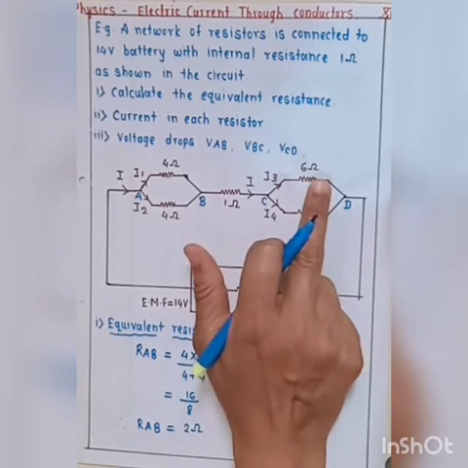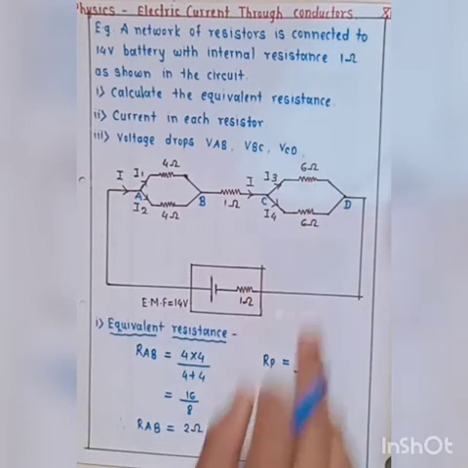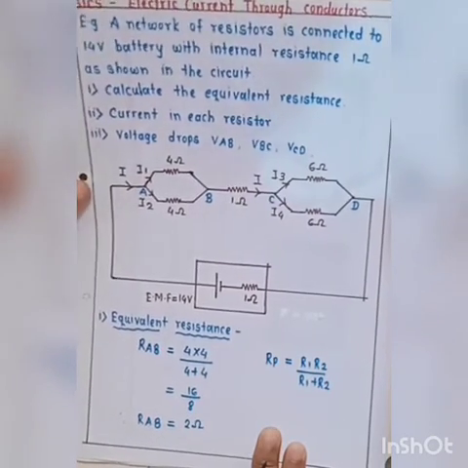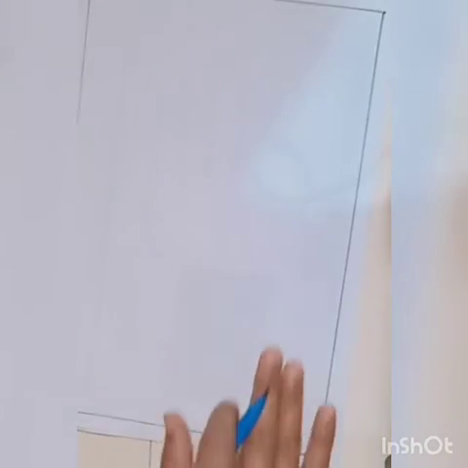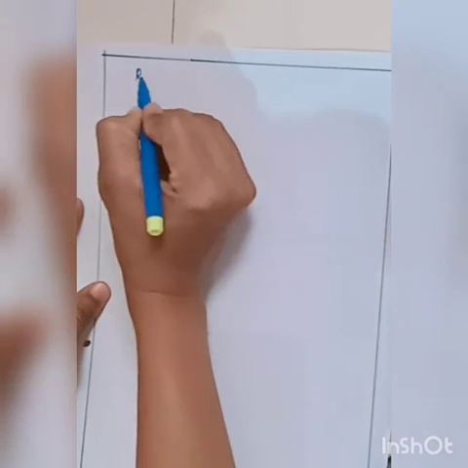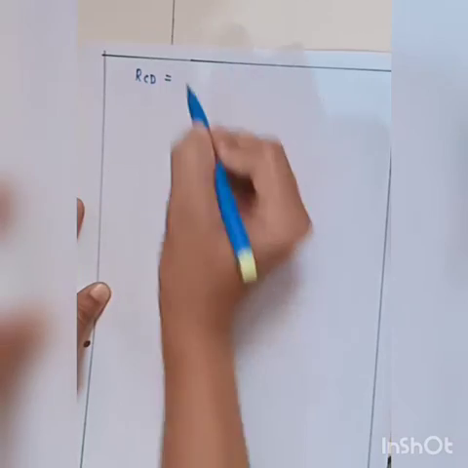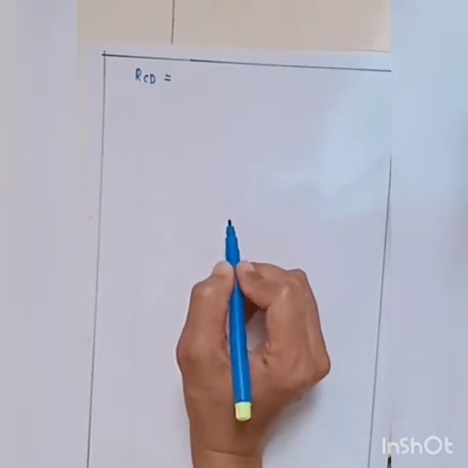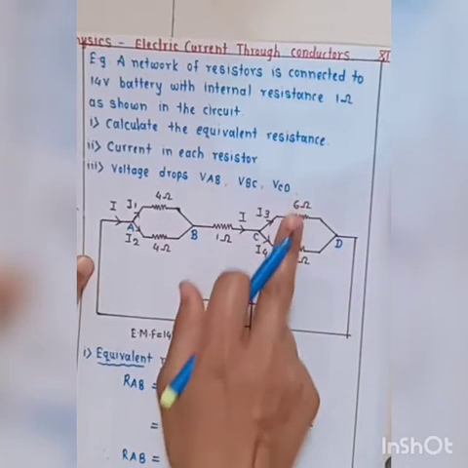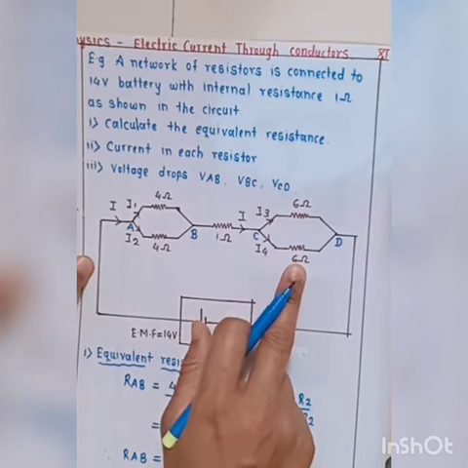Now resistance across CD, that is RCD, is equal to R1 R2 upon R1 plus R2.